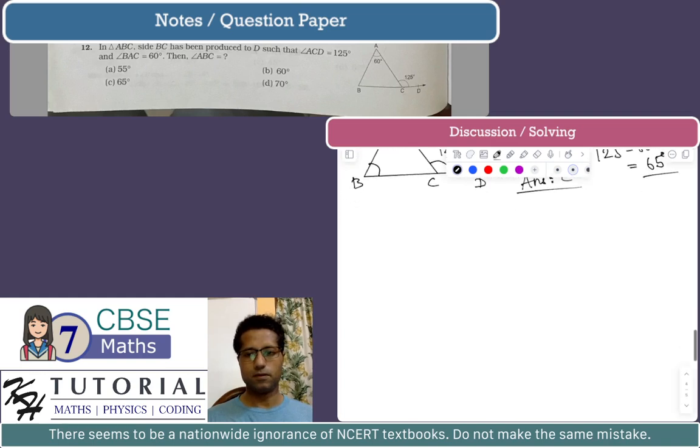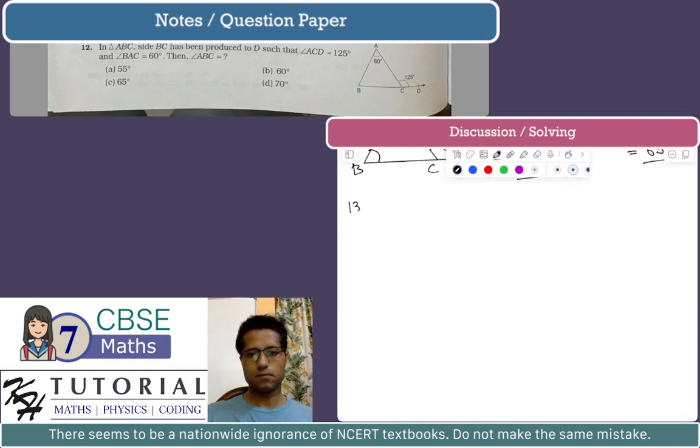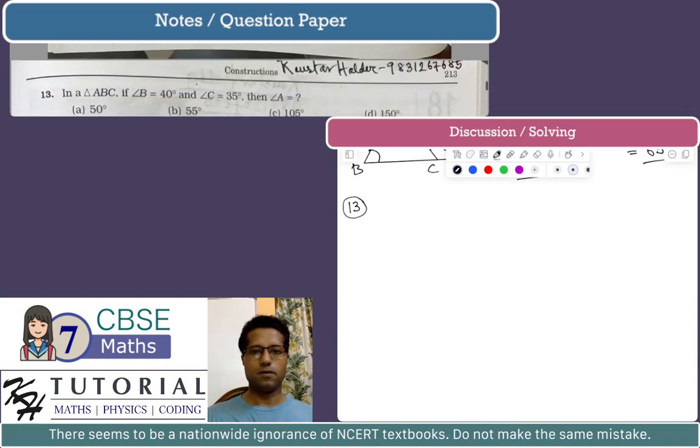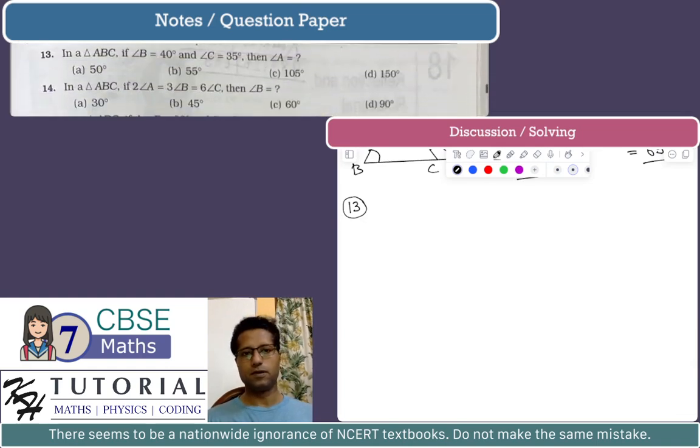Let's do problem number 13. If in a triangle ABC, angle B equals 40 degree, angle C equals 35 degree, we have to find angle A. It's a straightforward question. We know that in a triangle ABC, angle A plus angle B plus angle C is equal to 180 degree. This implies angle A plus 40 degree plus 35 degree is equal to 180 degree.